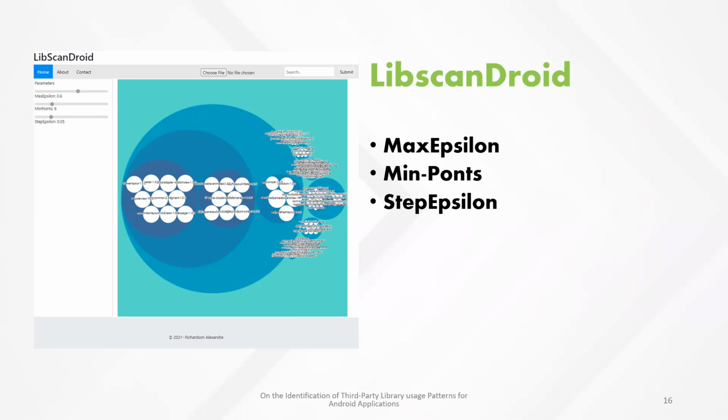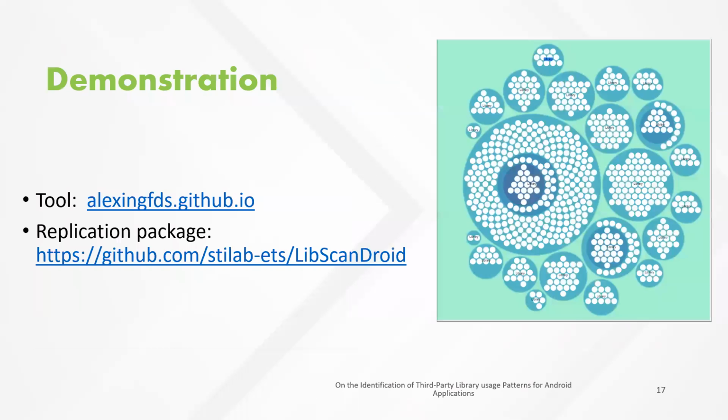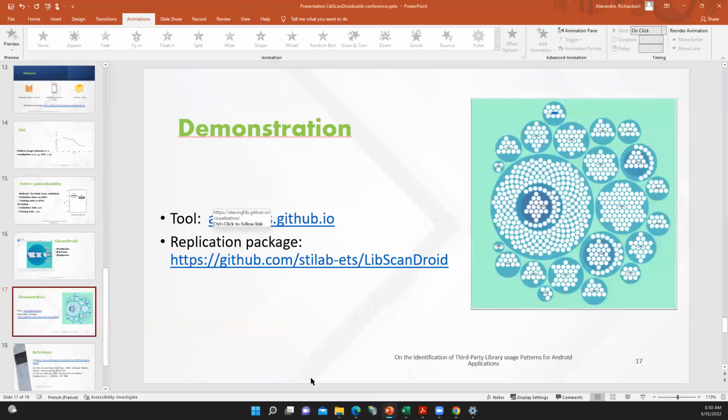We can click on a pattern to zoom in for more details. We have released our tool publicly on GitHub. We also have the dataset and all the artifacts available in our application package. We will have a quick demonstration of LibScandroid.